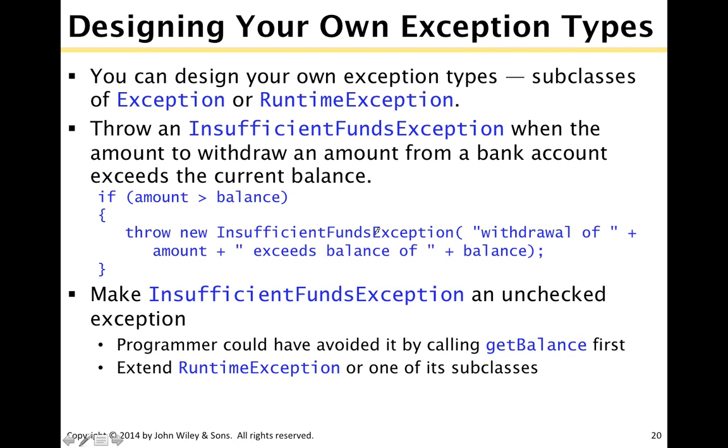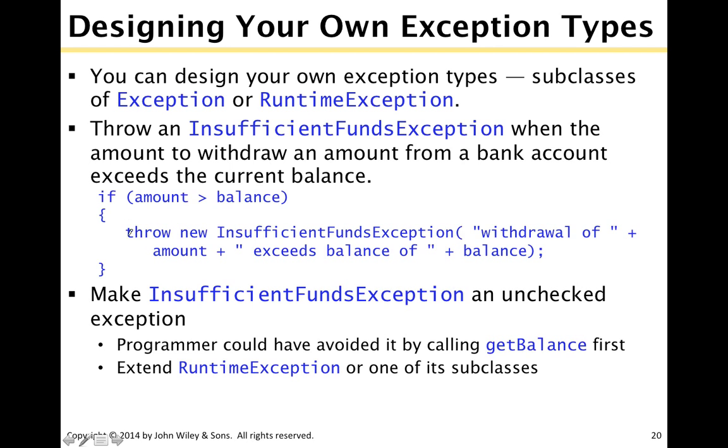Remember that if this insufficient funds exception is a subtype of RuntimeException, then this becomes unchecked, so that the user of this part of the code, the caller of this part of the code, does not have to do a try catch block. But if you have an insufficient funds exception as a subtype of IOException, then it becomes a checked exception.